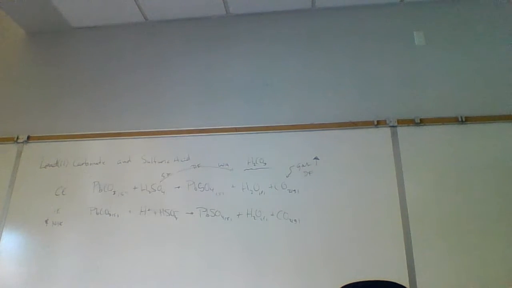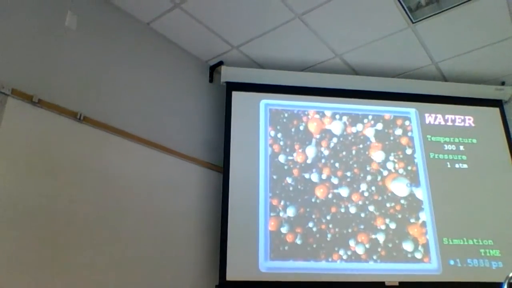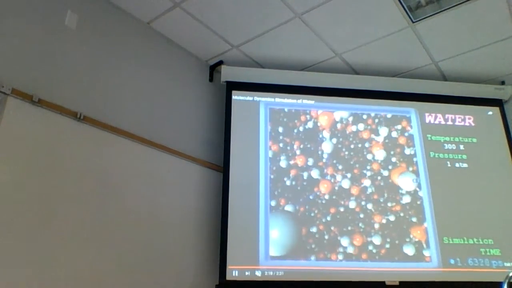So if these attractive forces are very strong, it's like syrup. And then if the attractive forces are very strong, it's hard to boil. It's hard to vaporize off the surface. So we look at that. And so what's holding the liquid together are what we call intermolecular attractions.